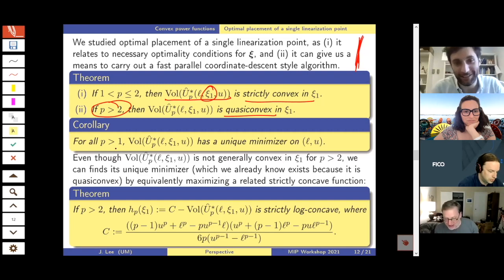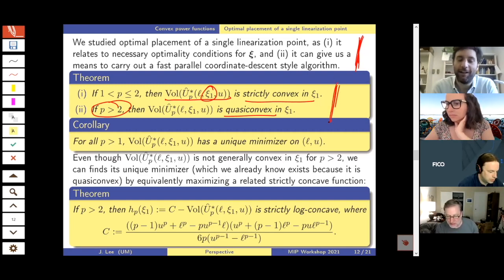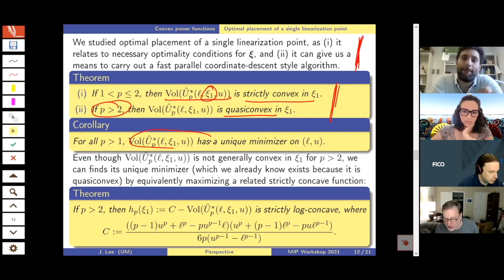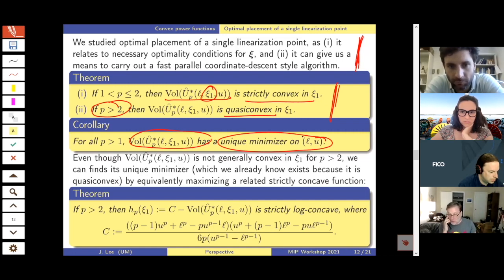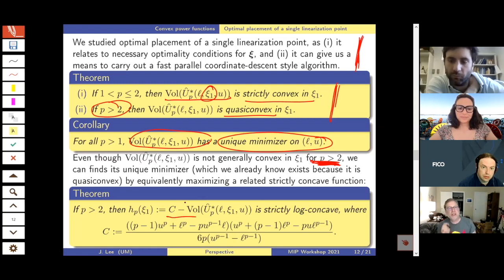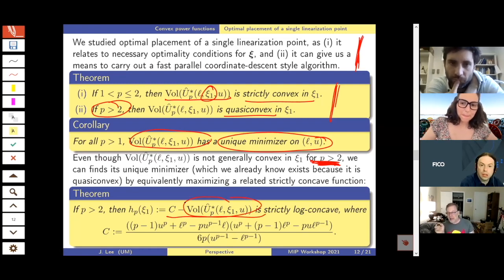Let's see. Because of this convexity or quasi-convexity, it doesn't matter. In either case, we always get that this volume function has a unique minimizer. For the case where it's not convex and only quasi-convex, a very simple function, some constant minus the volume, is actually strictly log concave.